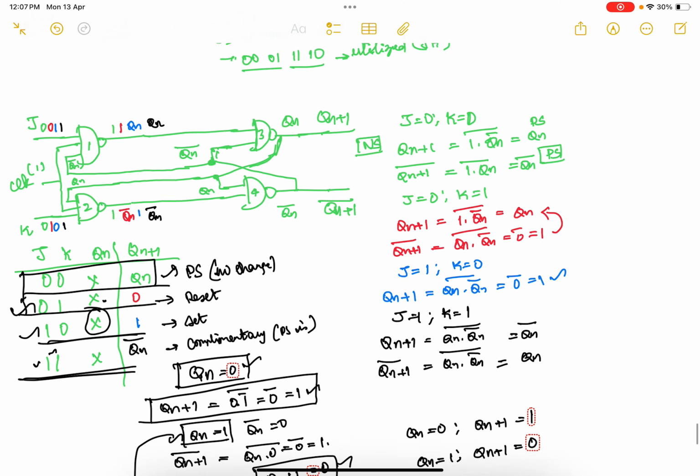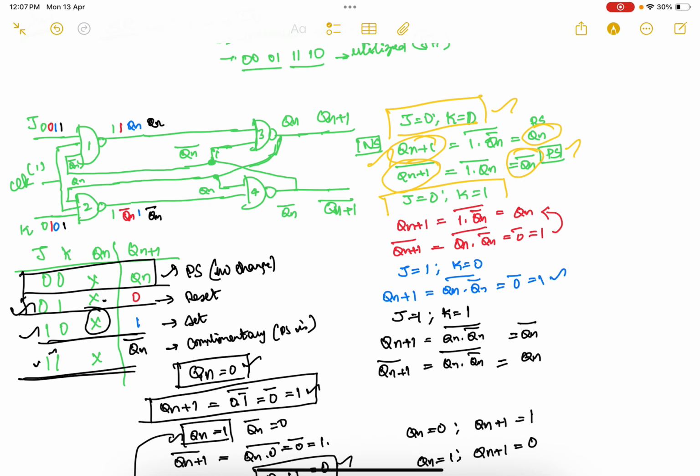So the truth table I have only extended in this form. Before that I explained what will happen when j equal to 0 and k equal to 0. Your present state is nothing but the next state, that is Qn plus 1 is nothing but Qn, and Qn plus 1 the whole bar is nothing but Qn bar.